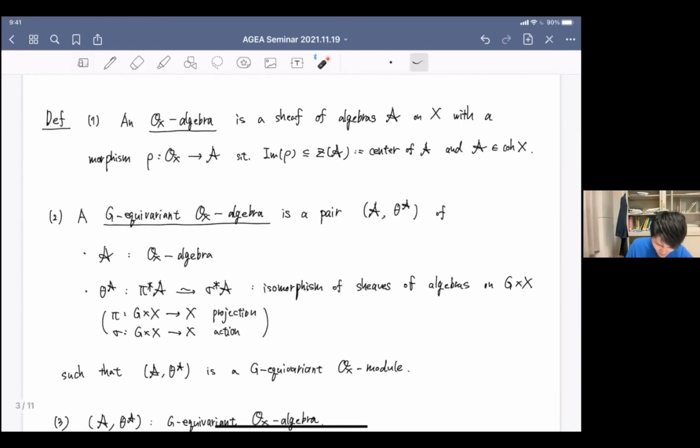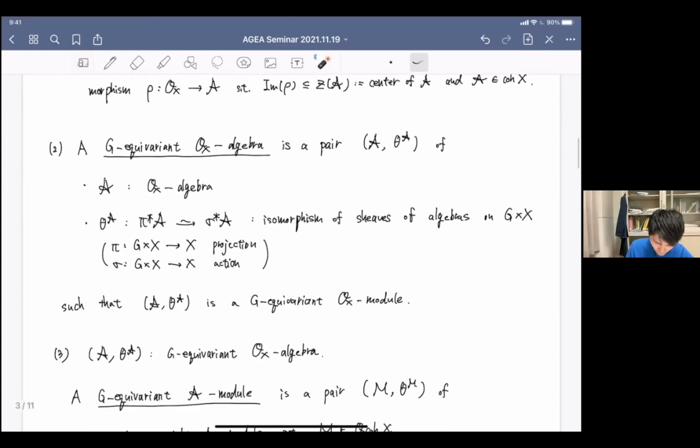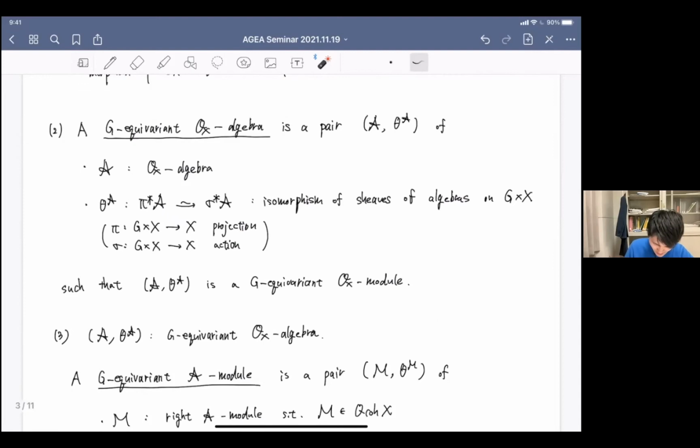Such that the pair A, theta A is a G equivariant OX module. So this means that the isomorphism theta A satisfies a suitable cocycle condition. But I don't write a precise definition.